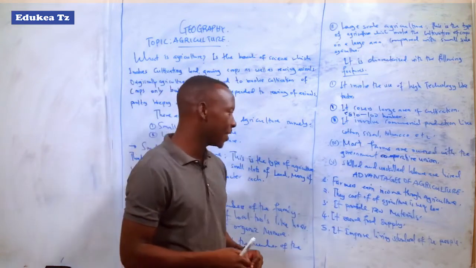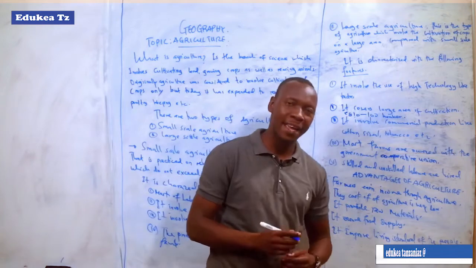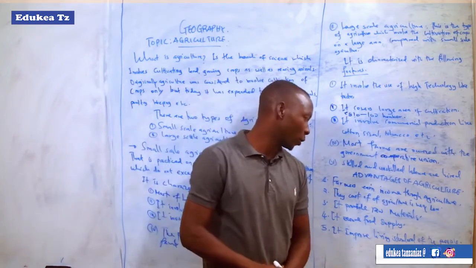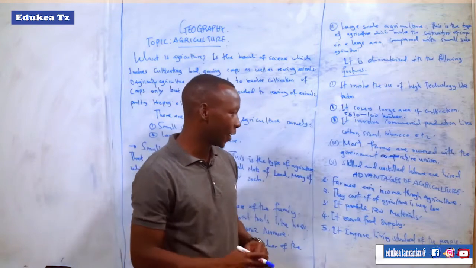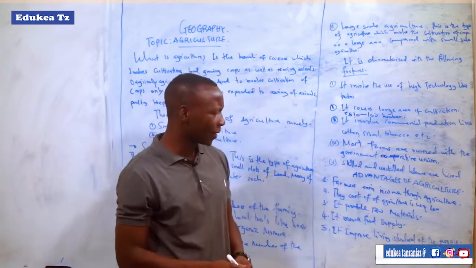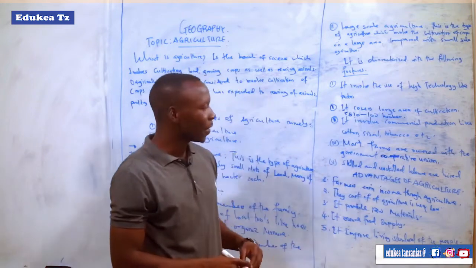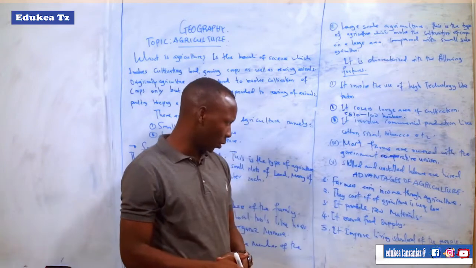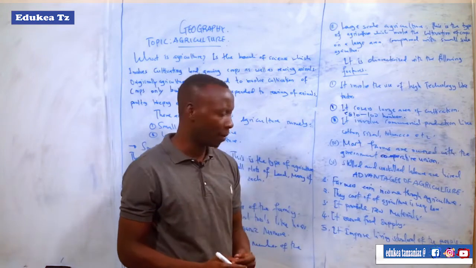Point number 5, skilled and unskilled labor are hired in these types of agriculture. This is what we call large-scale agriculture features. Skilled and unskilled labor are hired because sometimes they need manpower to be applied in the farm.